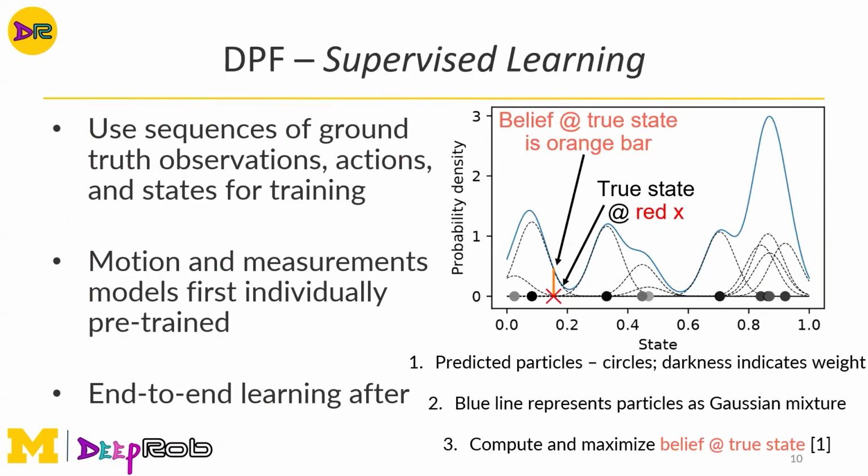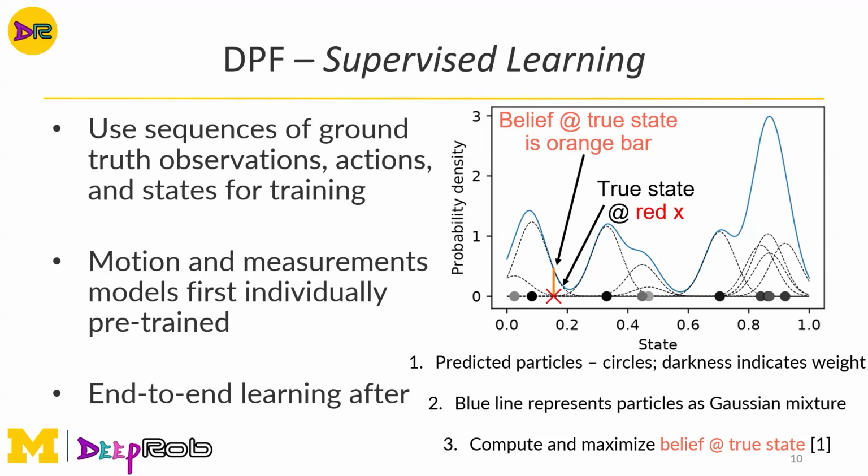So to learn this DPF, the authors use sequences of ground truth observations, actions, and states for training. Once they have collected all of this training data, they essentially use the untrained model to produce the predicted particles. The predicted particles may be seen as the gray spheres in the figure, with the darkness indicating their weight.